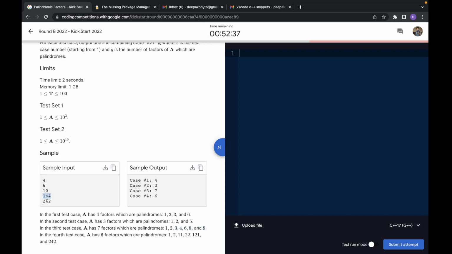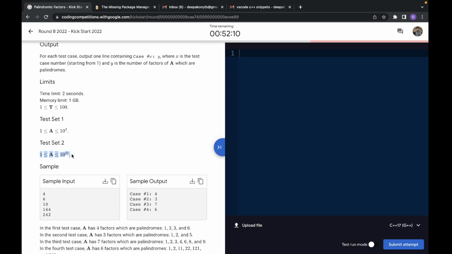When I say factors, it's actually a divisor. I'm not talking about prime factors. So for 242, you'll have 1, 2, 11, 22, 121, 242 itself. All these numbers are palindromes and they are a factor of 242, or a divisor, you can say. So you have a total of six numbers, so you'll output six.